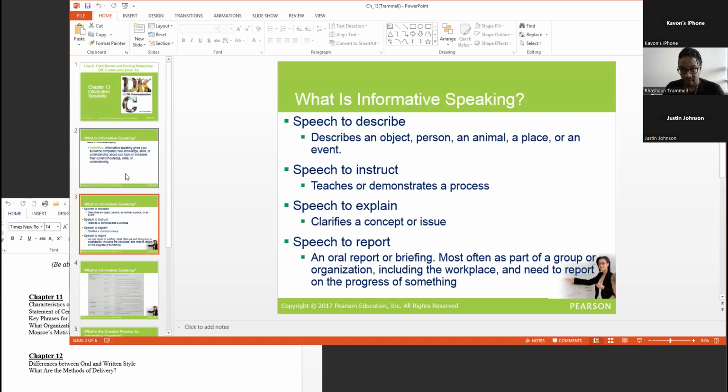So there's describing maybe the features of an animal, or maybe you're talking about the features of one video game system compared to another, or maybe describing the features of the new 2024 Honda Civic.